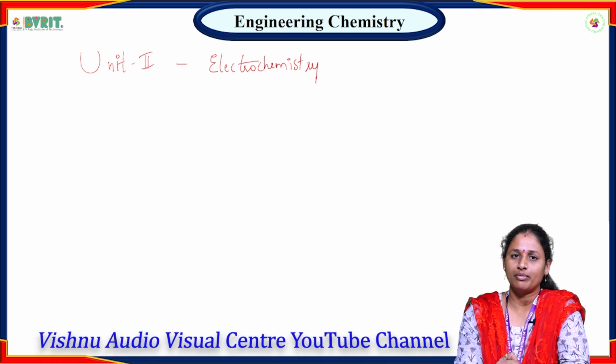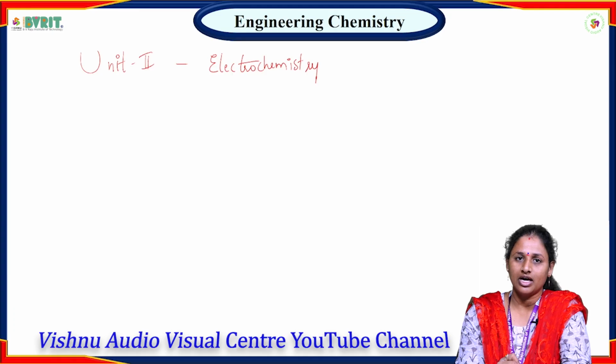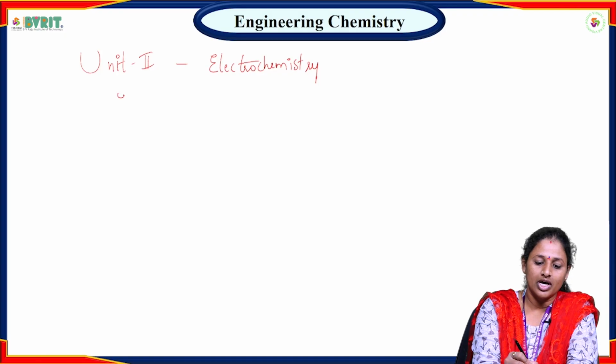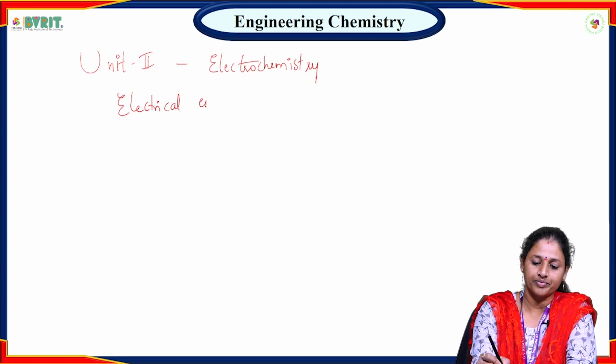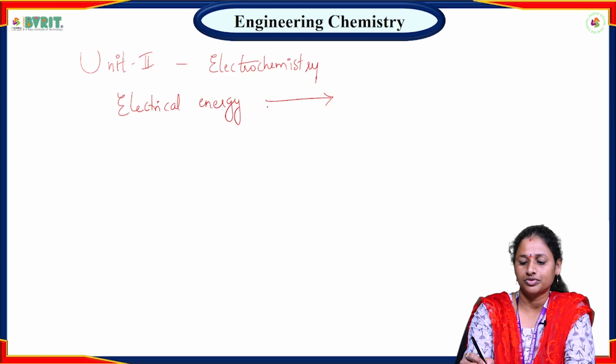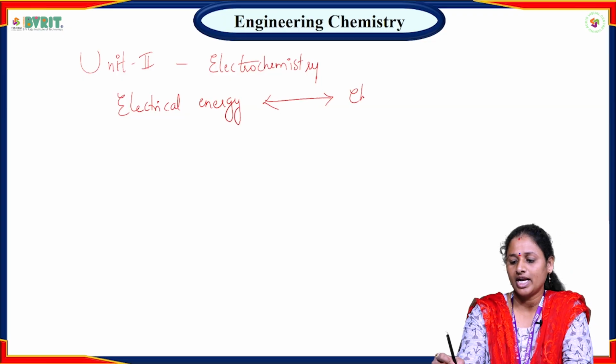Electrochemistry is a branch of chemistry which is dealing with the interconversion of electrical energy into chemical energy. So, electrical energy into chemical energy.